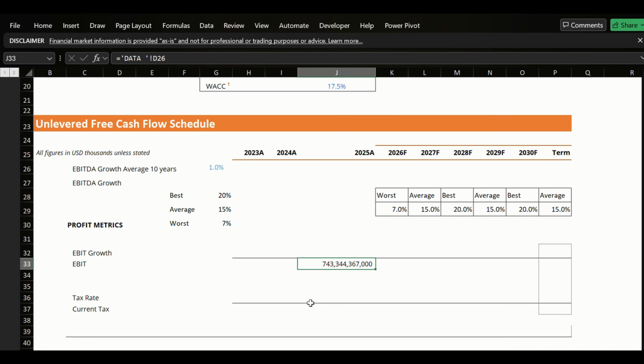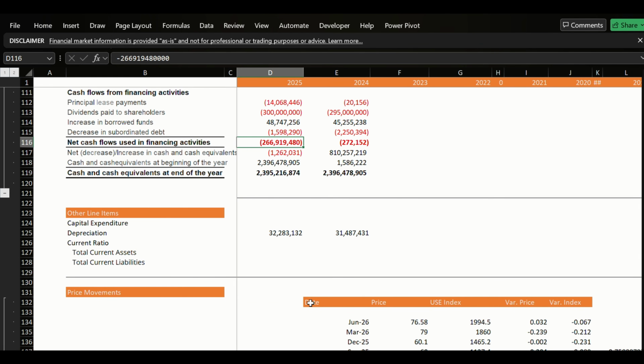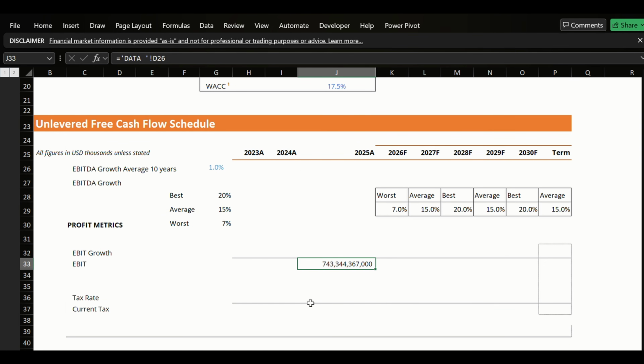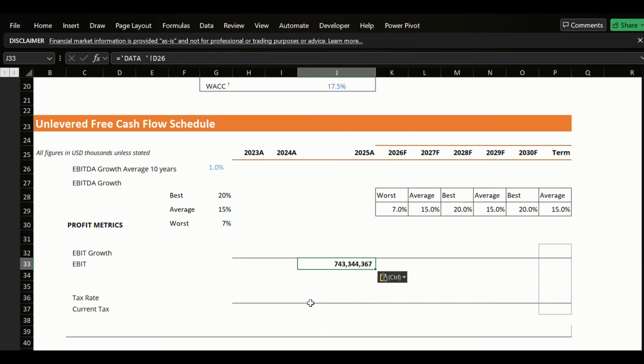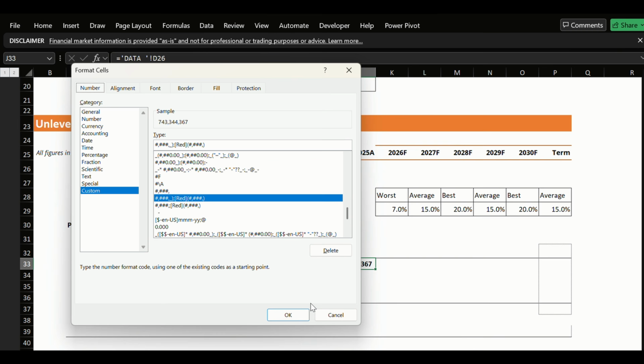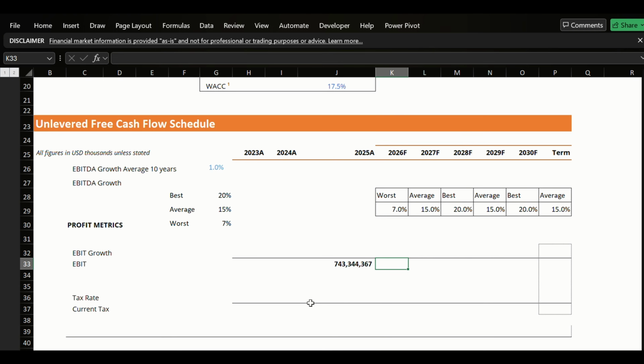Control Alt, let me pick my formulas from here. Alt V, that's the format. So G of the top order.